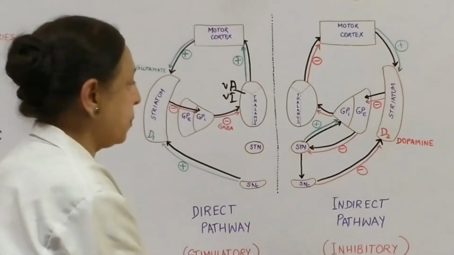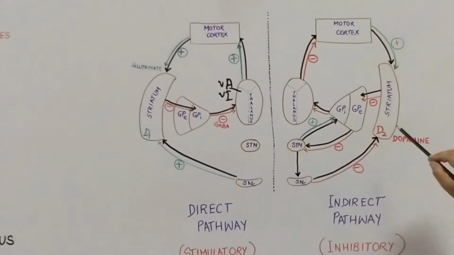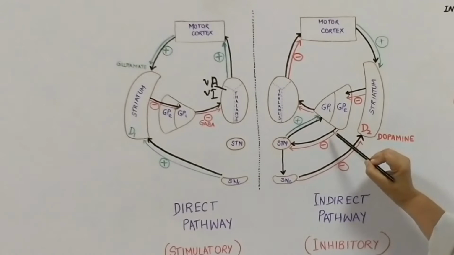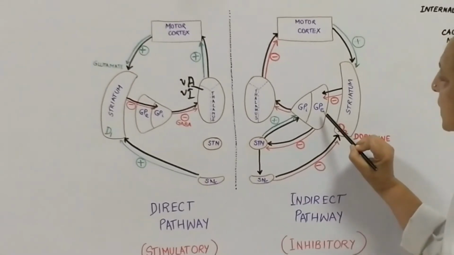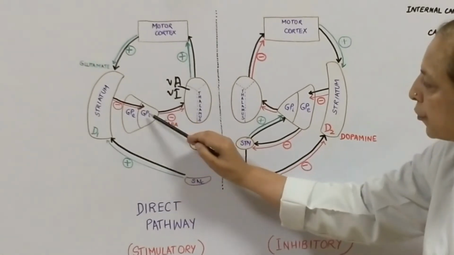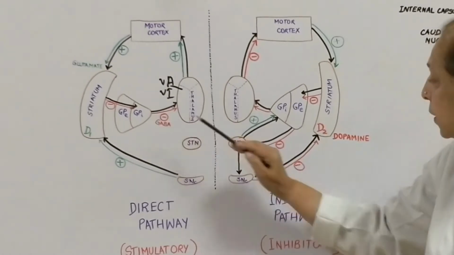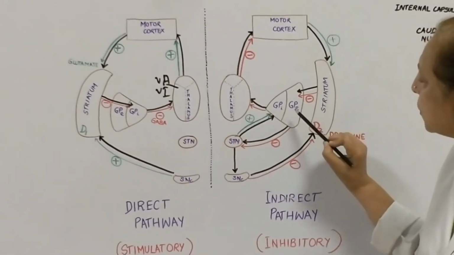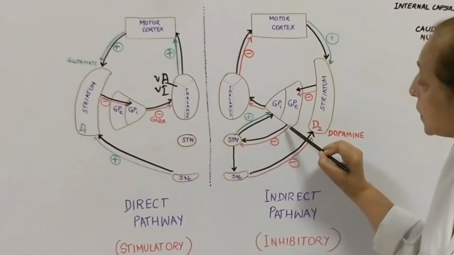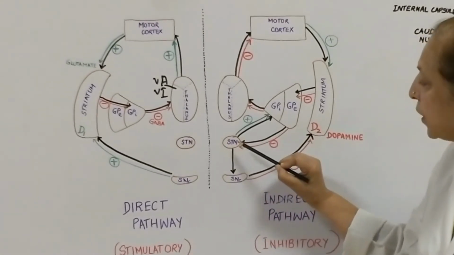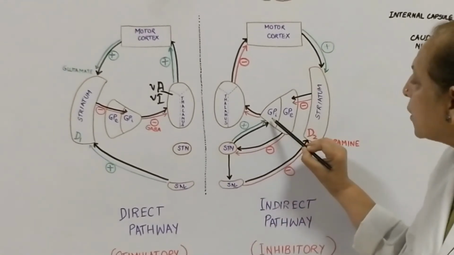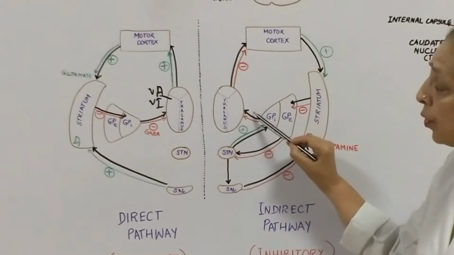Now in the indirect pathway, what happens is there is a small detour which is taken from the globus pallidus externus. Here it was coming from the striatum to the globus pallidus internum. Now here from the striatum it is coming through the externus, going to the subthalamic nucleus, and from there looping back to the internus. Now what do we want over here?